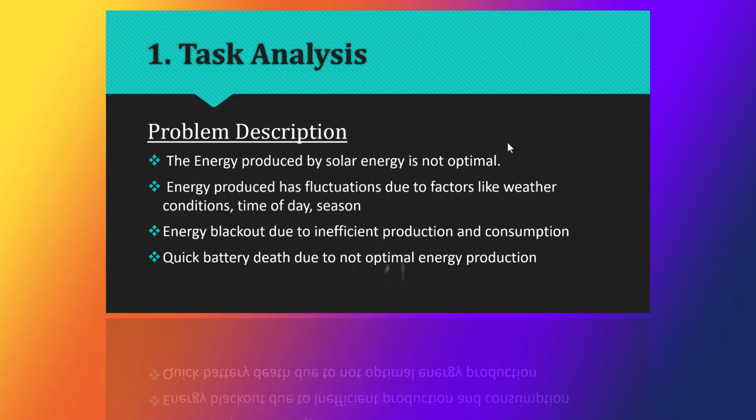Energy blackout occurs because of inefficient production and consumption of solar energy, and quick battery death due to not optimal energy production. So this is a problem that we are having. So we are trying to solve or help solve these problems in this project.